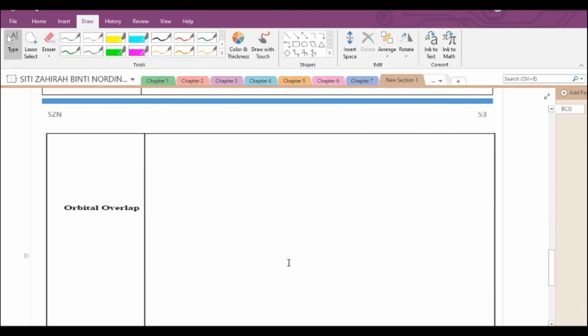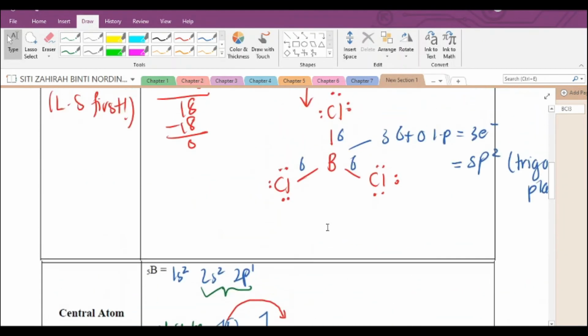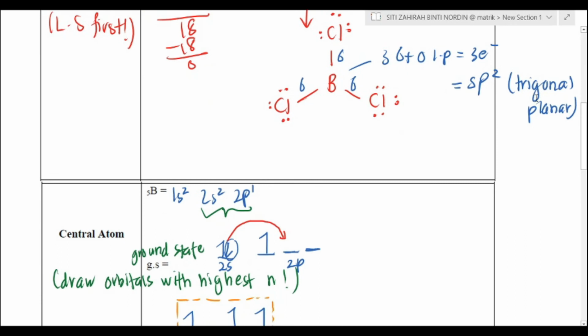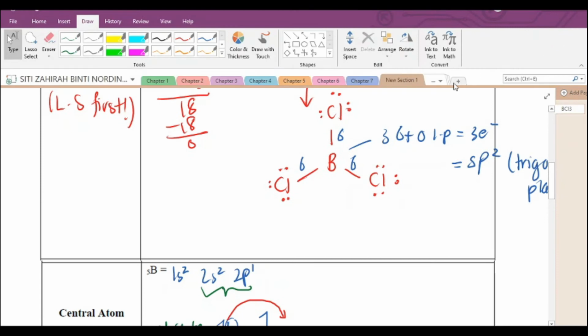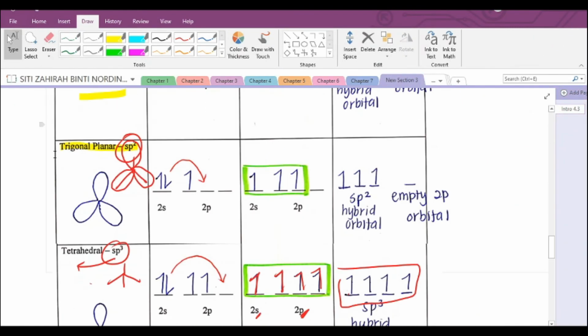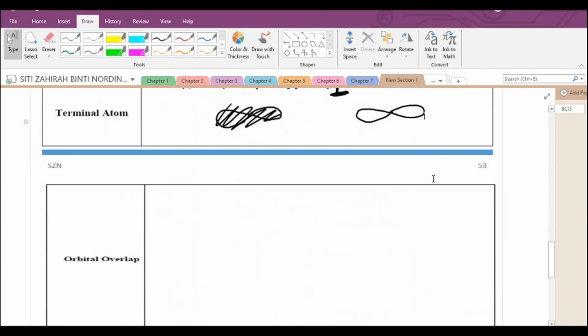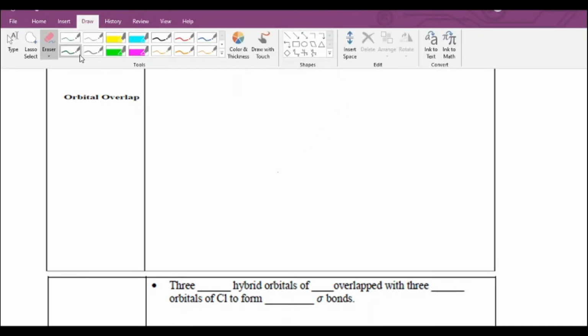Now we're going to draw your orbital overlap. Check again your molecular geometry. sp2 has the shape of trigonal planar, so trigonal planar must be drawn like this. Your boron would have this structure, 1, 2, 3. It is difficult for me to draw it using my pen, but I'll try my best.